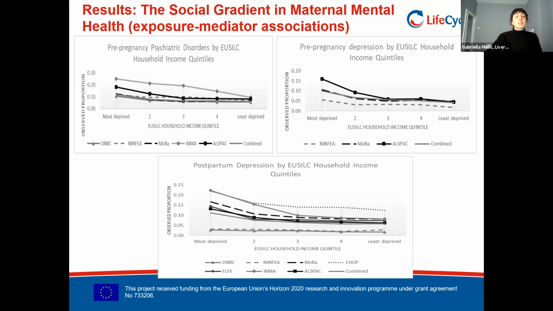So these graphs are showing the distribution of some of our mediators, in particular related to the perinatal maternal mental health indicators by EU-SILC quintiles.